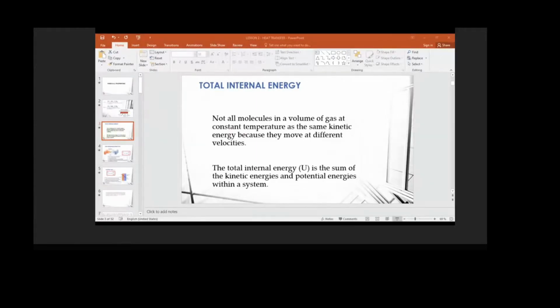It's highly unlikely that all the molecules of the gas are actually oxygen-12. Some could be oxygen-14 or oxygen-13, but it's still oxygen gas; there are just different isotopes. And if the mass changes, then it will also change the kinetic energy. So that's the reason why gases have different kinetic energy at the same temperature.